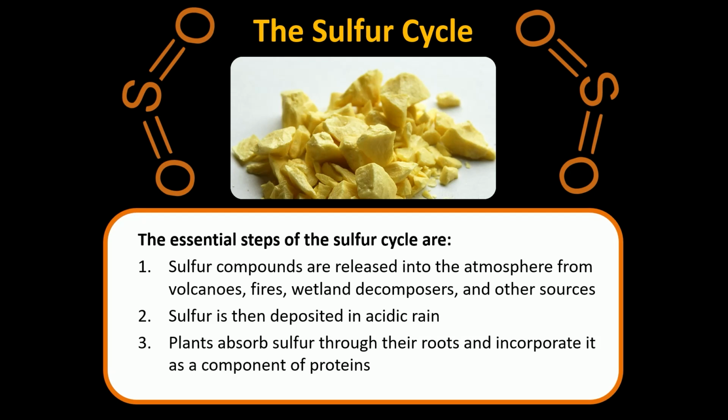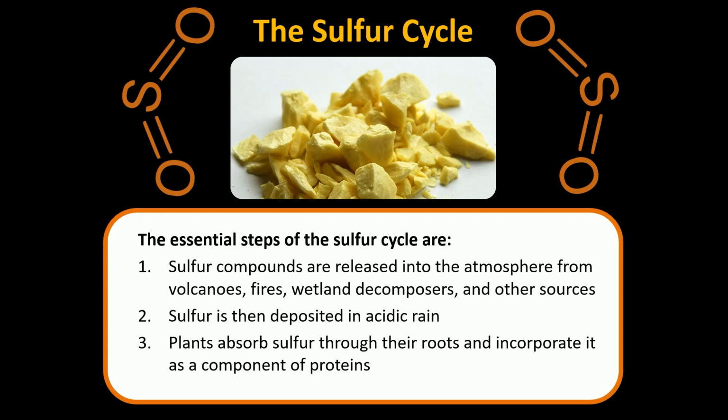Sulfuric acid then lowers the pH of rainwater, and it can return down to the ground as acid rain. Some sulfur compounds in rainwater is normal, and this is part of the natural sulfur cycle. Too much, an overwhelming amount of sulfuric acid in rain is going to be a bad thing.